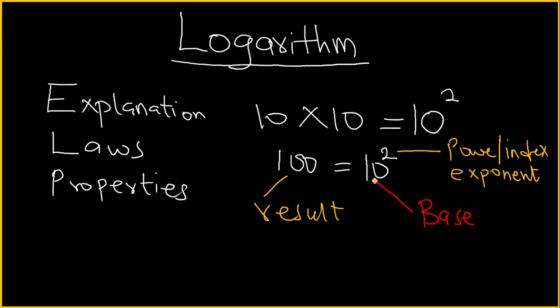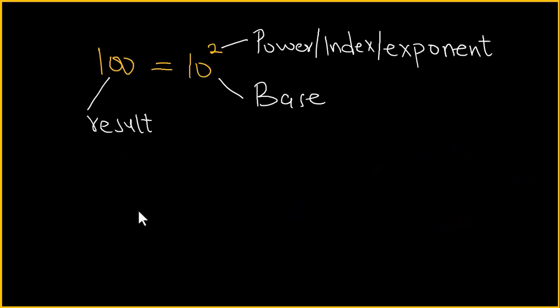This same index equation can be written in a logarithmic form. Now, what is a logarithm? It's another way of expressing an index form. So this same index equation could be written in a logarithmic form, which is log of the result 100 to the base 10 gives us a result of 2, which is the power.